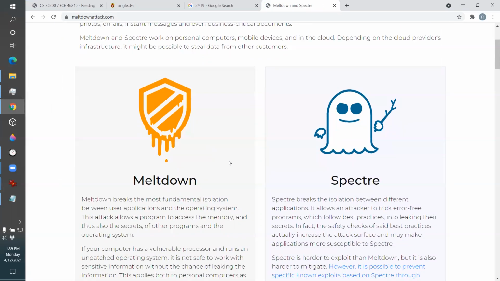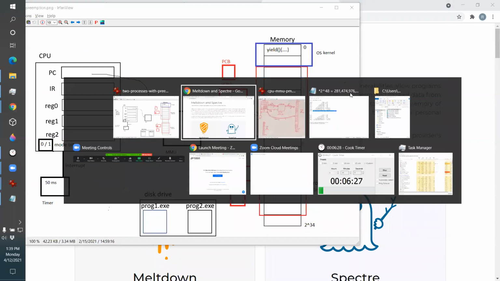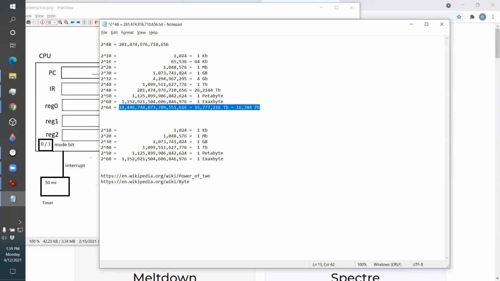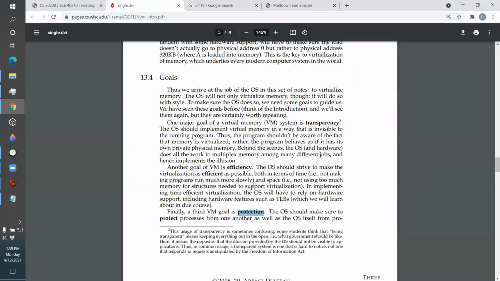They're very, very serious. What it really boils down to is that this goal, protection, is being compromised by these other goals, the transparency and the efficiency. There's aspects of the virtual memory system that are so complicated to get this efficiency and transparency that they've made protection break down.